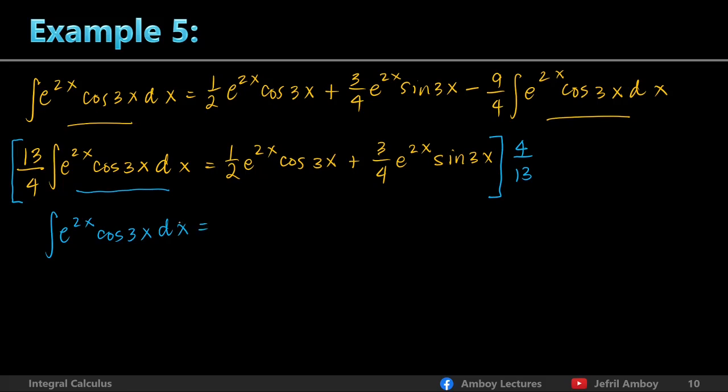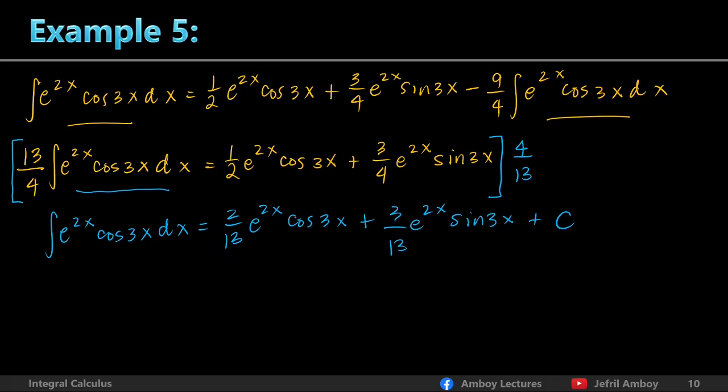This will be equal to 4 over 2, that's 2 over 13. So, we have 2 over 13 e raised to 2x cosine 3x plus, magka-cancel yung 4. So, magiging 3 over 13 na lang siya. 3 over 13 e raised to 2x sine of 3x. Okay, so lagyan lang natin dito ng constant of integration plus c. Okay, so we now have an answer.